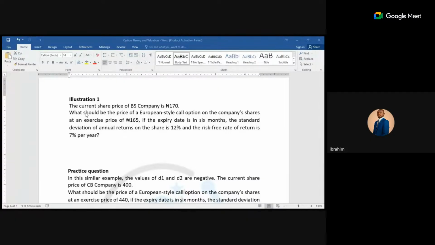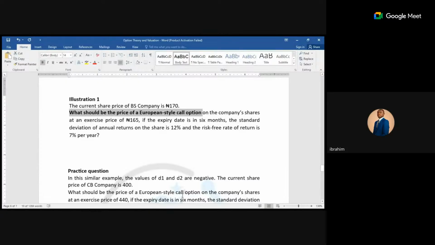What should be the price of a European style call option? Class, can you see European style call option? It means that you are to determine the call option.